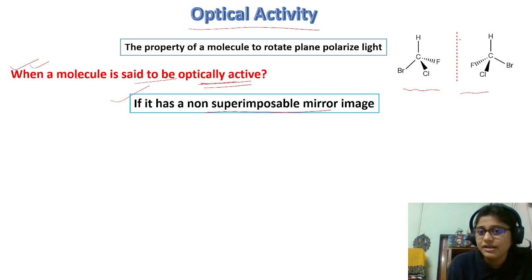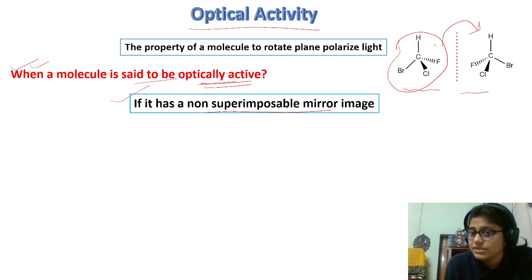This is a mirror. You have reflected this molecule in the mirror. Then this kind of structure is formed. If we take this whole structure and place it over this mirror image, these two will be different, right? Here F is on the right side, Cl is there, here Br is on the left side, here Br is on the right side.